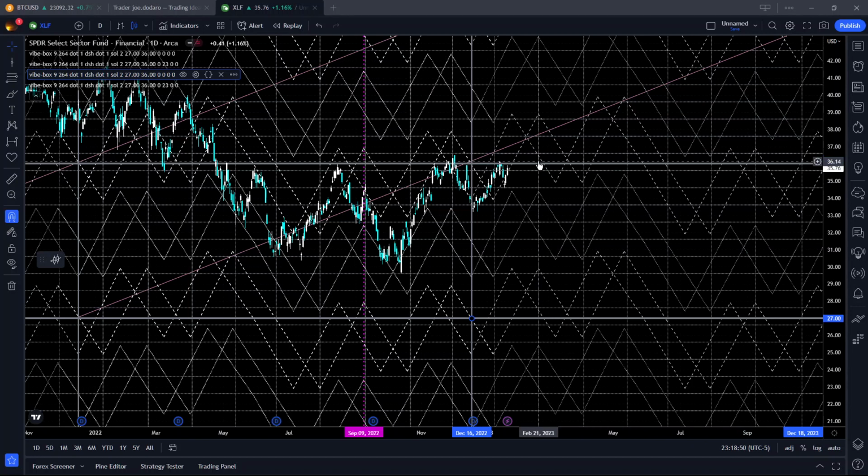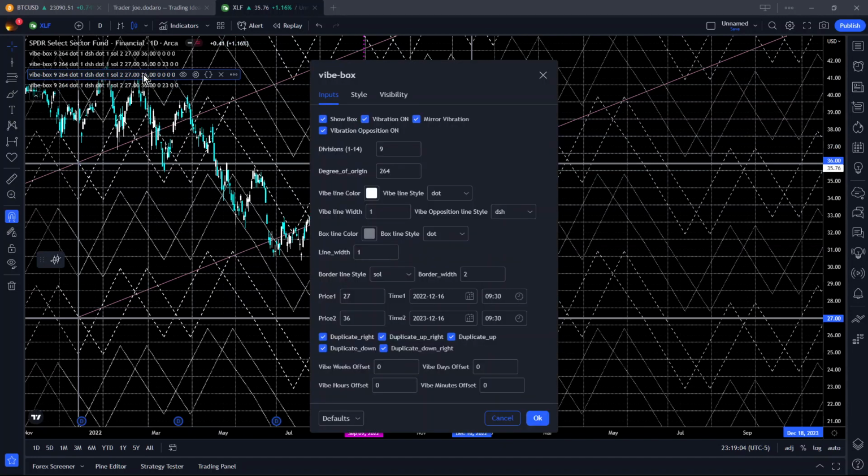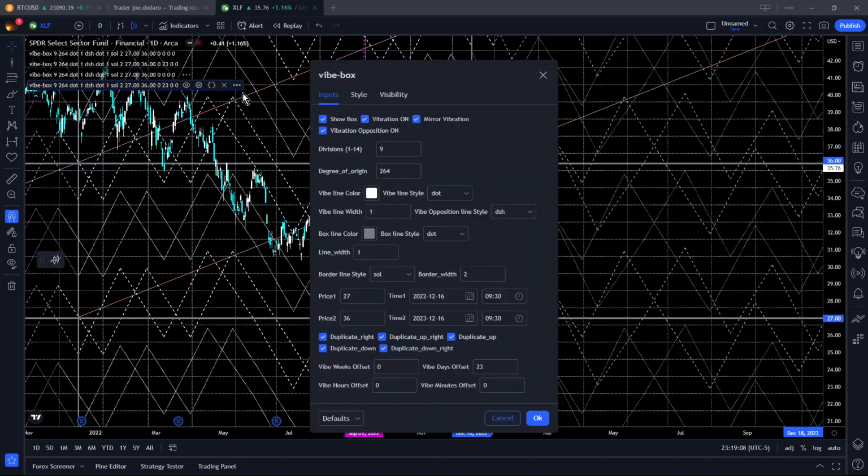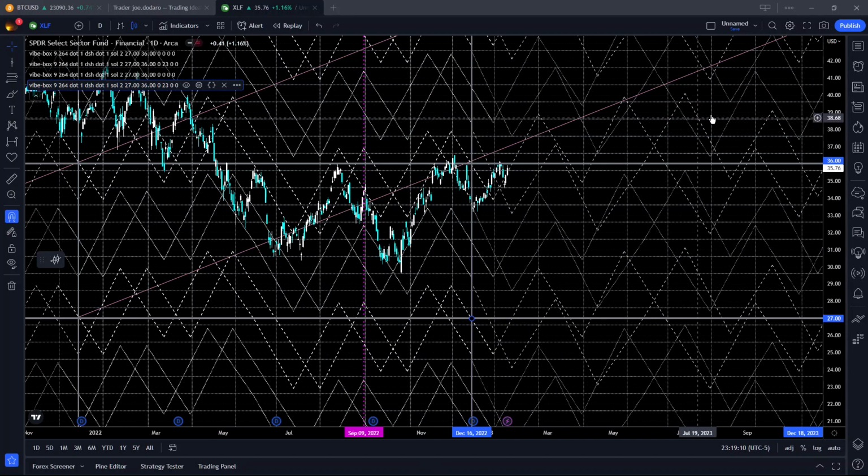We don't bet above until we see confirmation. So why would we be in on a long on financials if this is not moving above its $36 level? Although the cycle is telling us there's a possibility, there is always an opposite cycle. So there could be a downward cycle here setting in that we need to take a look at.